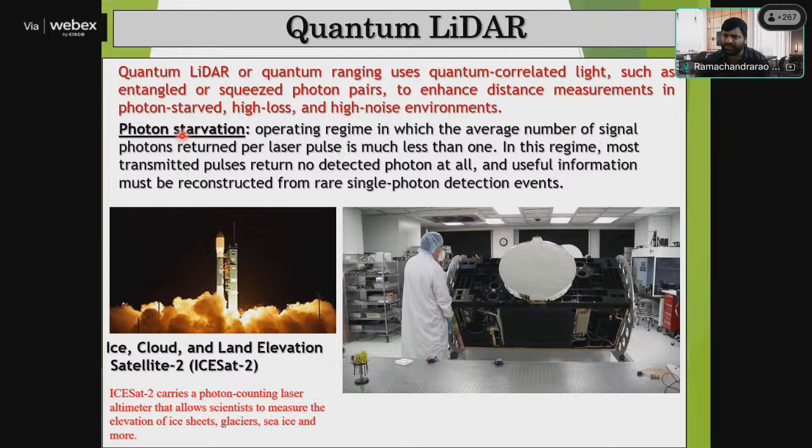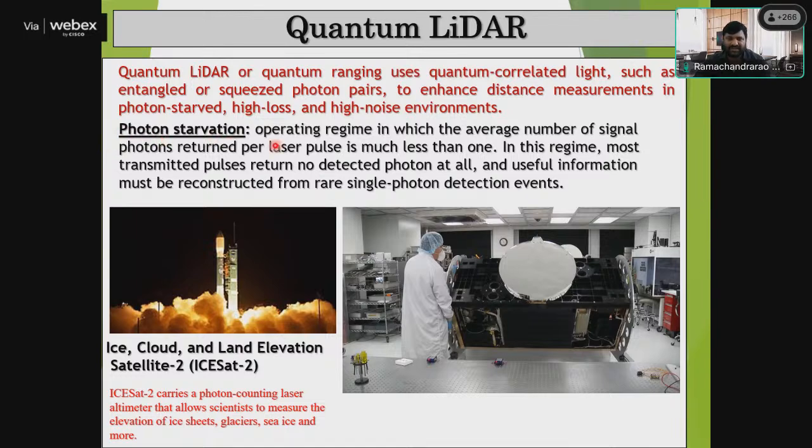You don't know what objects it comes across, so it's very difficult to image, because the light should come back and hit your detector. Only then will you be able to image. Once you send a photon, if it doesn't come back and hit your detector, you lose the information about it. You see clearly that it's photon starvation.